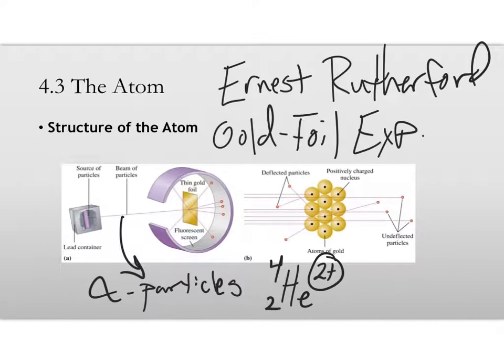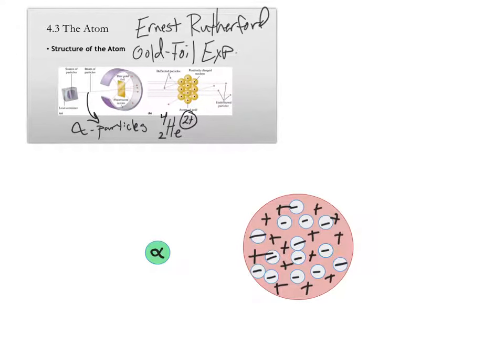Because they're positive, this is what makes this research kind of amazing. As they were to pass through what he thought was the atom in terms of the plum pudding model, since the atom was overall neutral, the alpha particles would pass right through the atom like that.